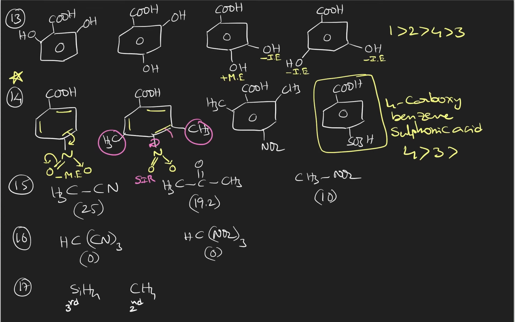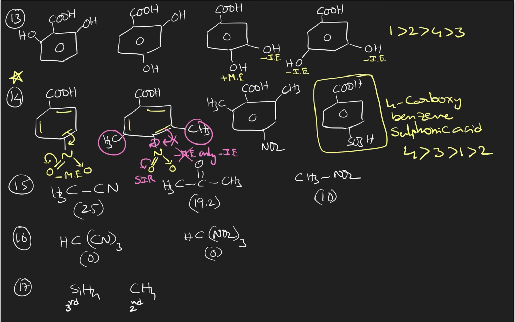When it moves out of the benzene plane, the delocalization of this pi bond with the nitrogen NO pi bond will not happen. That is the SIR effect. So because of the SIR effect, negative mesomeric effect is not possible here. Only negative inductive effect. Understood? So negative mesomeric effect is better than negative inductive effect. Therefore, the first compound is more acidic than the second compound.